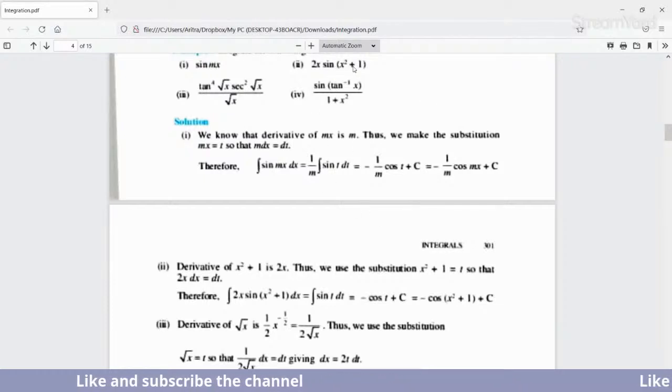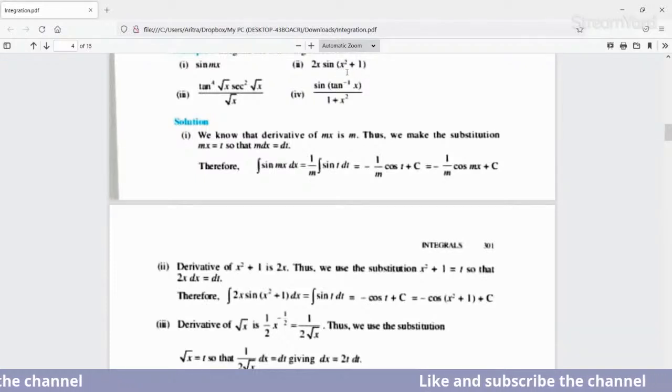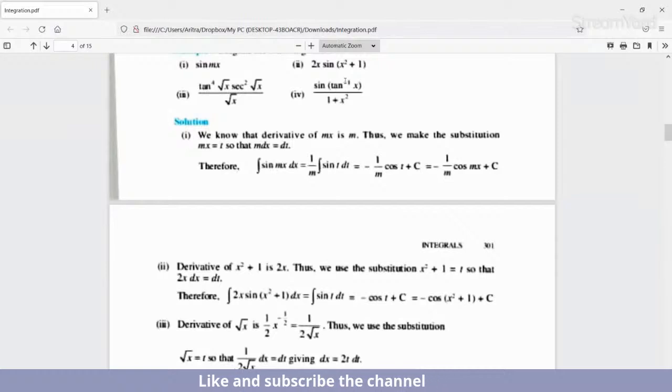So x square plus 1 is a kind of weird stuff here, right? Just substitute it with something simple without changing the meaning of the question.